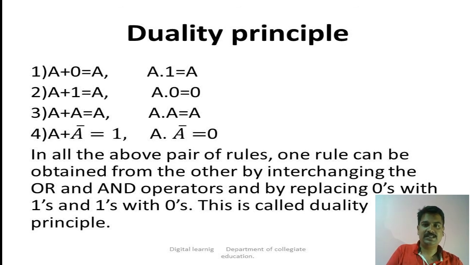The plus, meaning the OR operation, is replaced by the dot, meaning the AND operation, and 0 here is replaced with a 1 here. That identity will hold good. Second case, the OR operation plus is replaced by the AND operation dot, and 1 is replaced with 0. So these kinds of identities are called the duality principle.